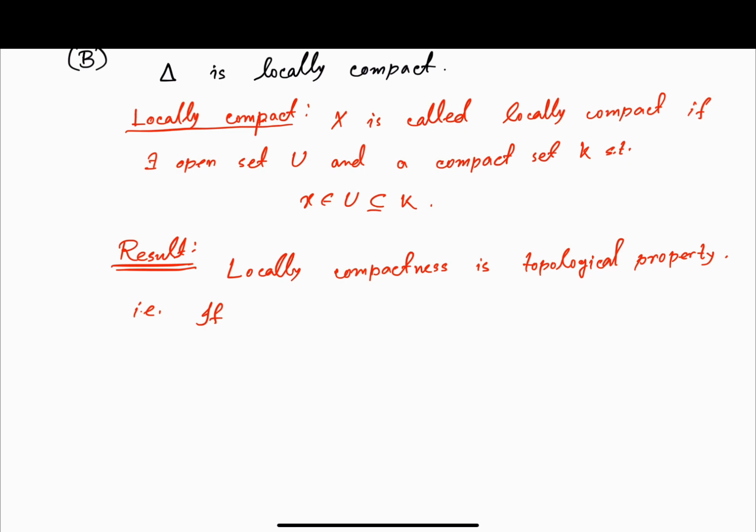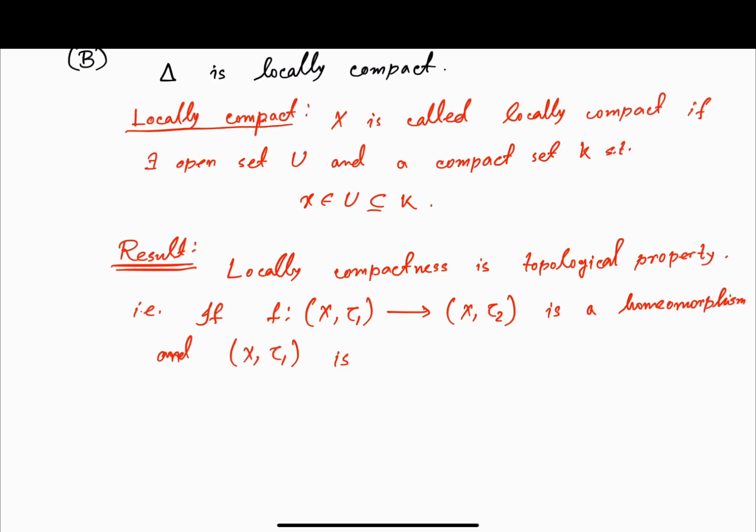If f from some space X with topology tau 1 to Y with respect to topology tau 2 is a homeomorphism, and (X, tau 1) is locally compact, then (Y, tau 2) is locally compact.